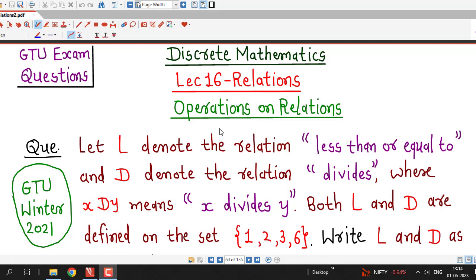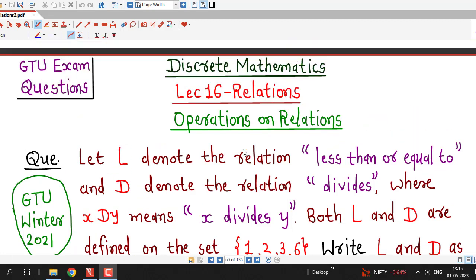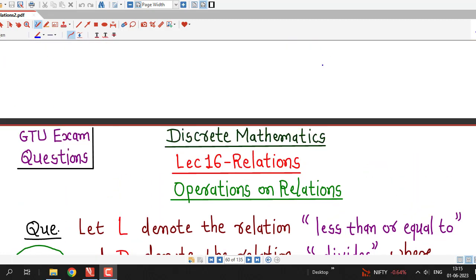In this lecture, we are going to discuss this question on operations on relations. This question was asked in the GTU Winter 2021 exam. As discussed in lecture number 15, relations are nothing but sets, and therefore we can talk about different operations of set theory on relations also.